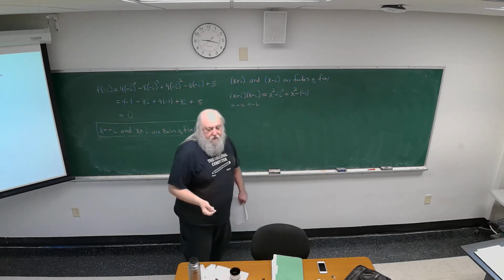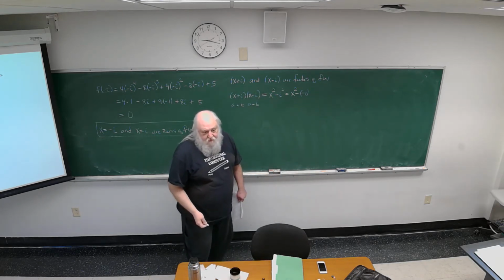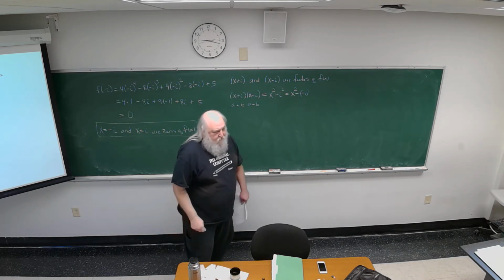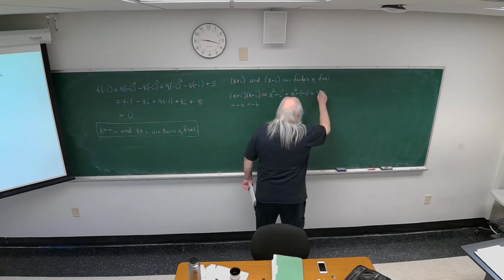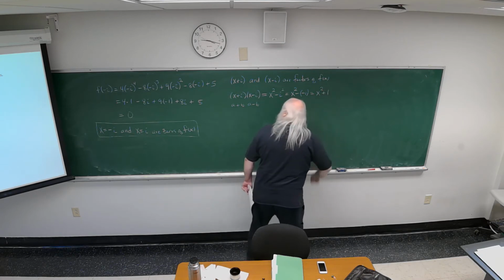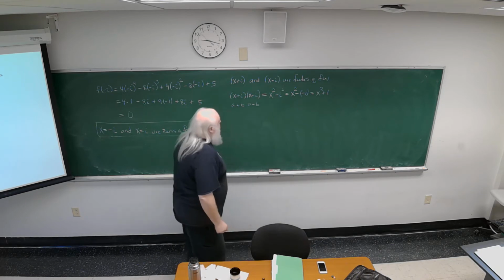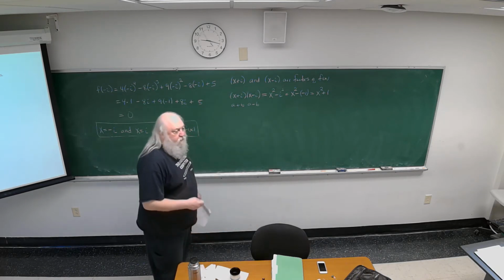I mean, you're going to see me do this over and over and over again, so you should get used to it, right? You should know it before I can write it on the board. Minus a negative 1 is plus 1. So x plus i times x minus i is equal to x squared plus 1.